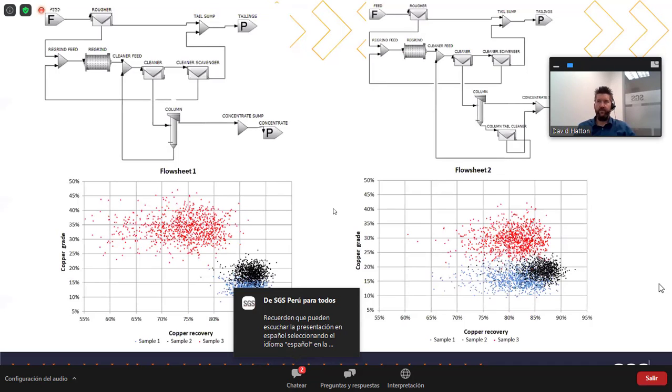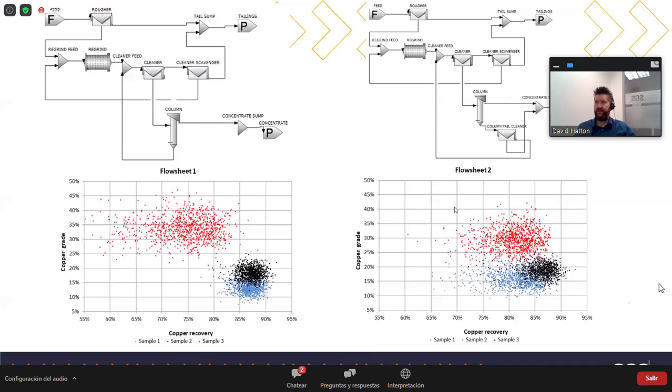So here we've got two examples. We've got the two flow sheets, flow sheet 1 and flow sheet 2 again, and we've got various samples. To make it simple, I'm just looking at 3 different samples. What you'll see here for sample number 3 in flow sheet 1, it was getting significantly lower results. We've got some recoveries around about the 60, 65%. Very high grade.